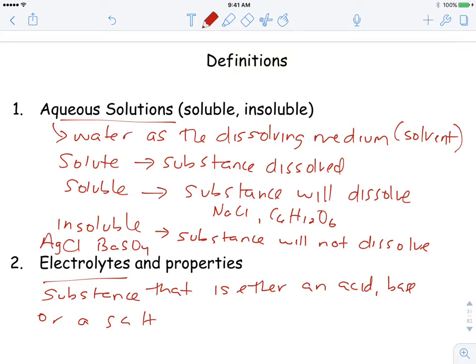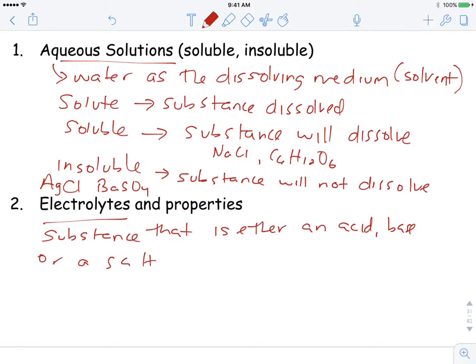And so these substances, they could either be ionic or they could be molecular. So a substance can either be an acid, base, or a salt, so that means that they could either be molecular or they could be ionic. And we'll talk about that more on the next page.